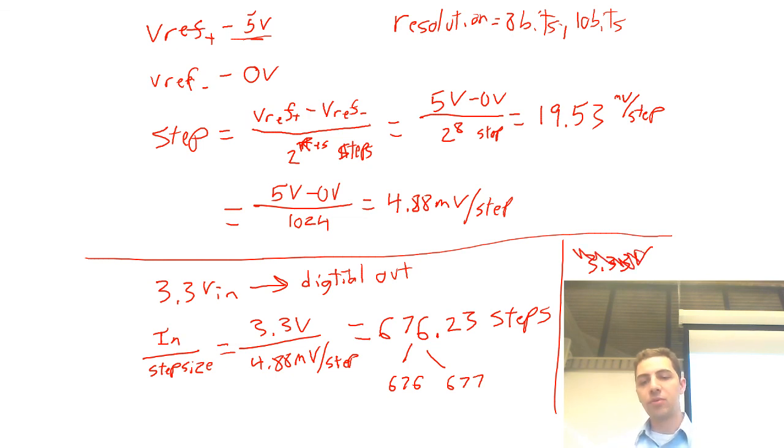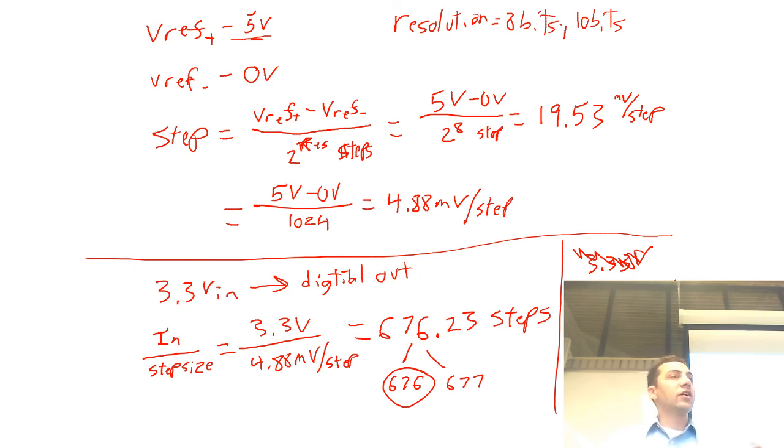Yeah, 3.303 volts. Oops. I just wanted to illustrate a point here. 3.303 volts gives me 676.84 steps, which is also going to truncate down to 676. So two different voltages give me the same answer. Okay?